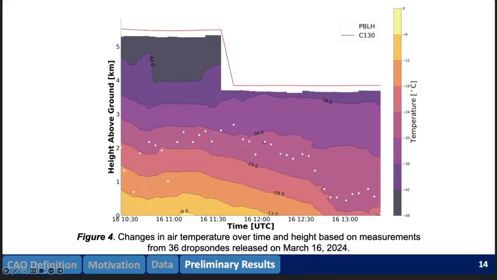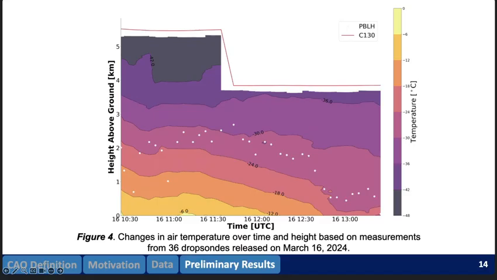From the sea ice, we have a relatively lower boundary layer height and very cold air temperature. As we move closer to Kiruna, to the land, we have increased temperature, especially when the air masses cross the relatively warm ocean, we can see the temperature increase, as well as the change of the boundary layer height.